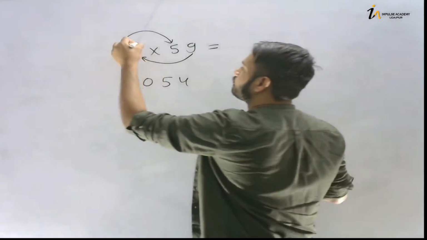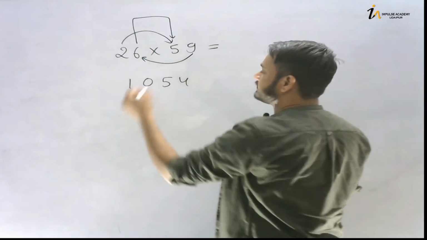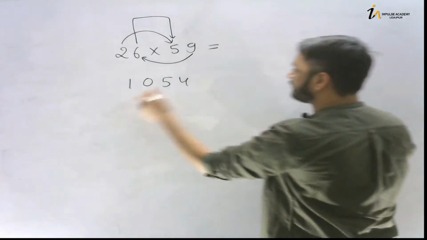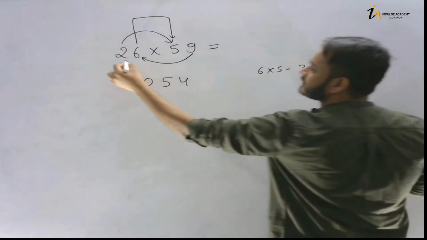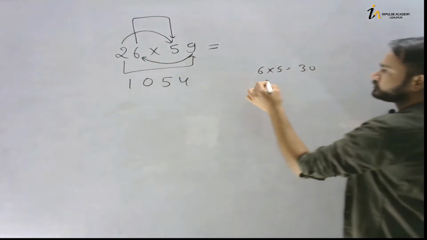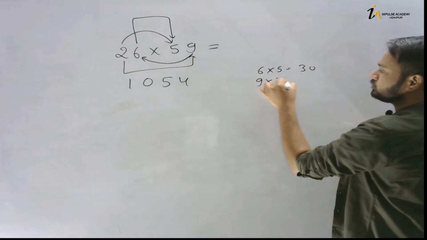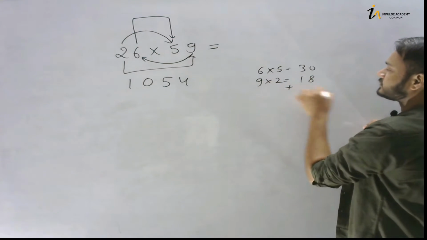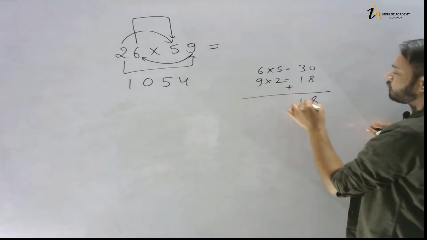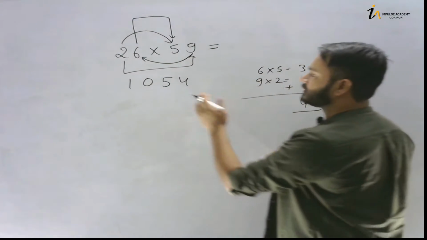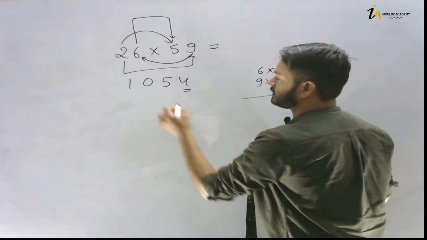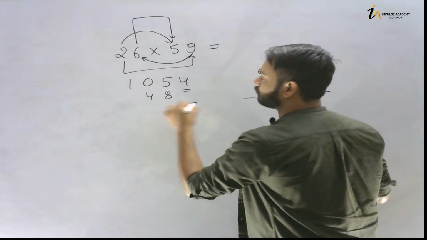Now we multiply these cross terms: 6 into 5 equals 30, and 9 into 2 is 18. Add these two terms, so it will be 48. Now we write this 48 leaving the last unit place, so we write 8 and 4 here.